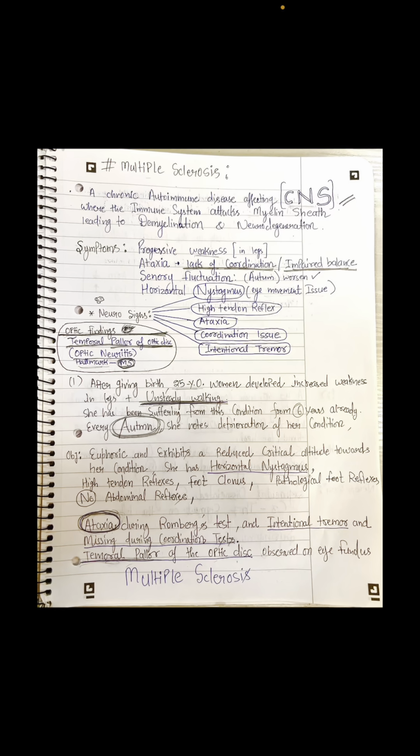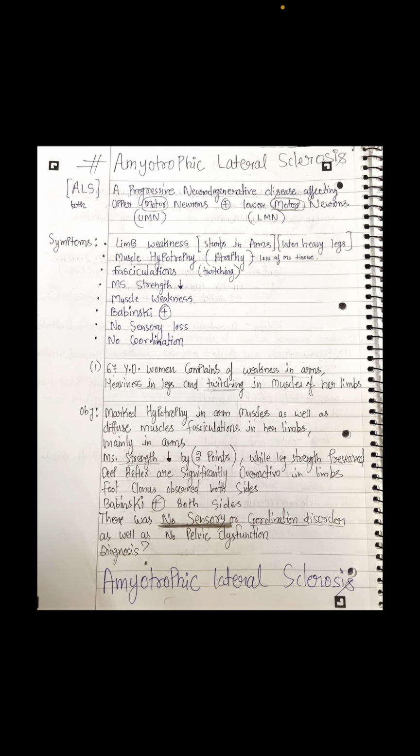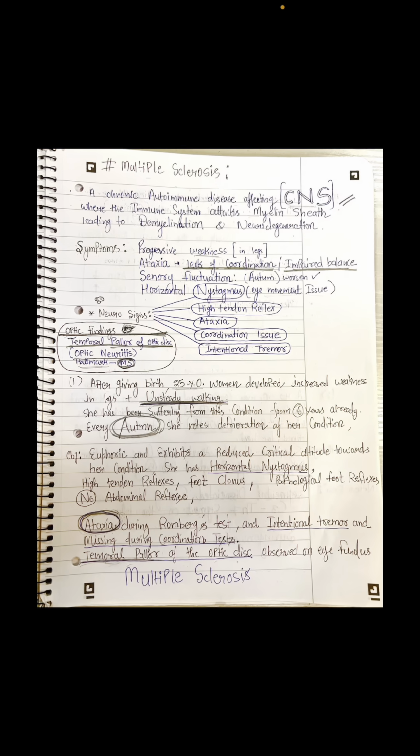Let's highlight it one more time. In lateral sclerosis, the problem is with the motor neurons, so there is no sensory problem, as you can see in the question. In multiple sclerosis, there is a problem with the sensory CNS, so the person cannot walk properly, and ataxia is there, so he cannot coordinate properly.